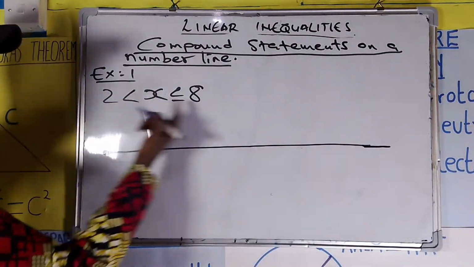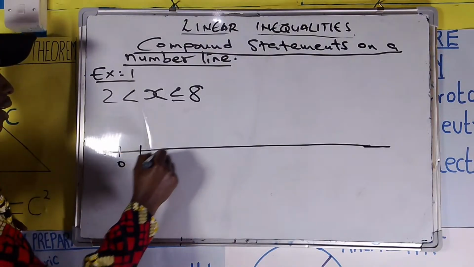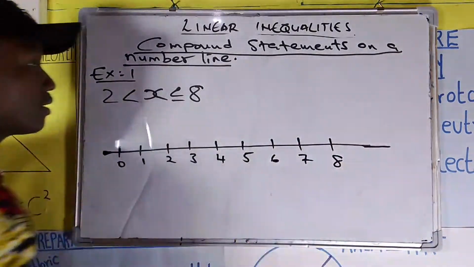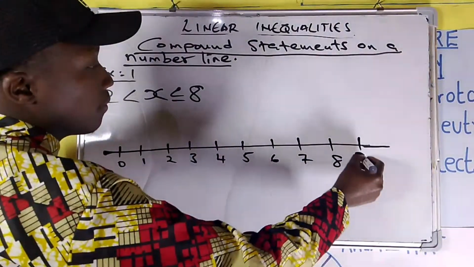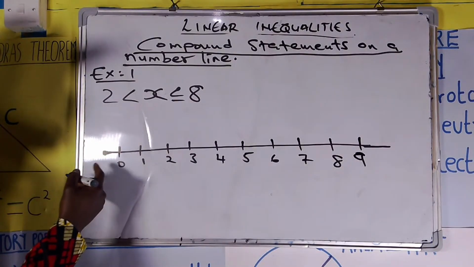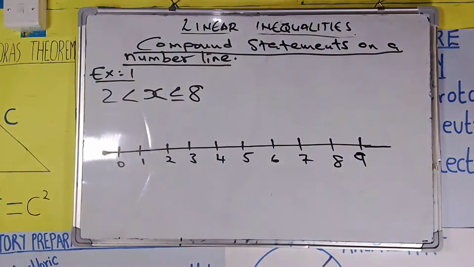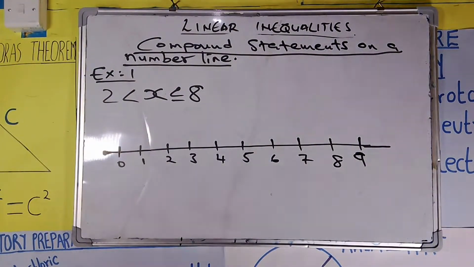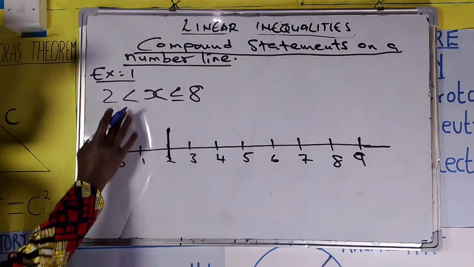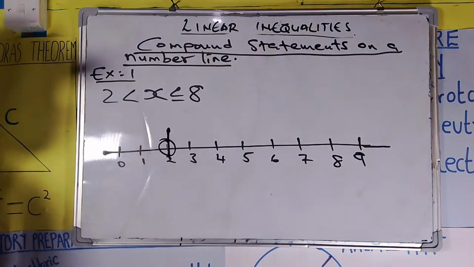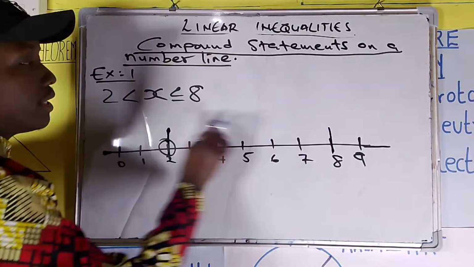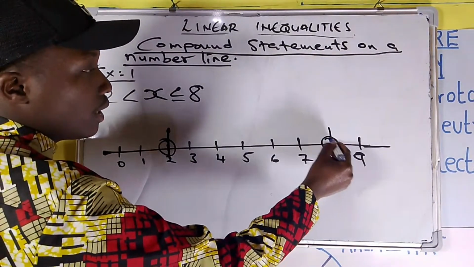You start labelling, you see this is 2 and this is 8, so you can start maybe at 0, 1, 2, 3, 4, 5, 6, 7, 8, maybe even reach 9. Once you get there, we start at 2. The sign at 2 is less than, so we make a circle once. Then we go to 8 at the end. The sign at 8 is less than or equal to, so we make a circle and shade it.